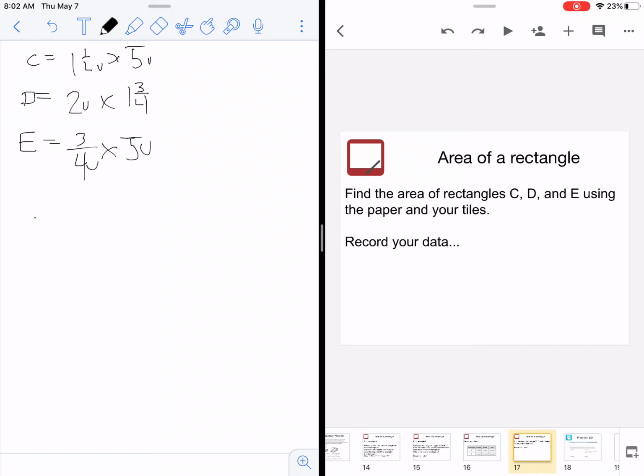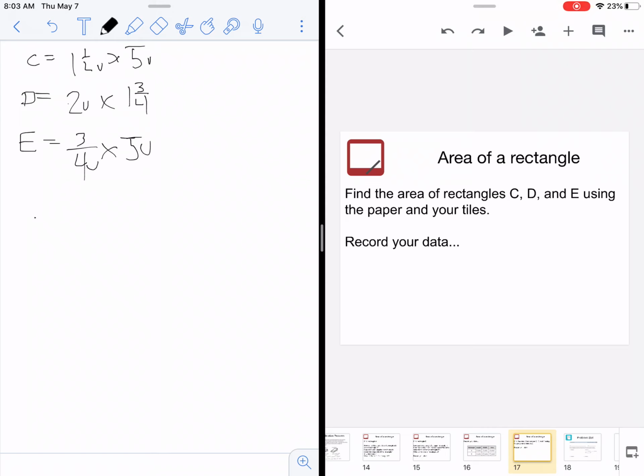So we're going to find the area of all 3 of these. So here we go. Let's do this together. Okay, we can use either method. So let's do C first.